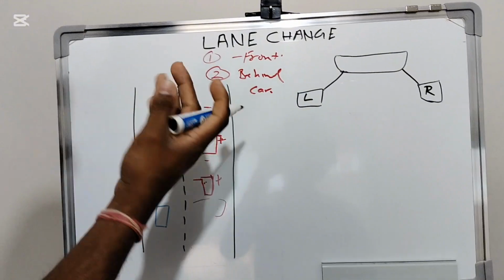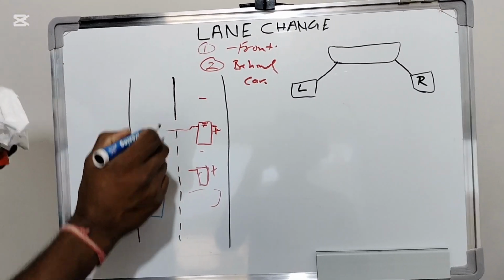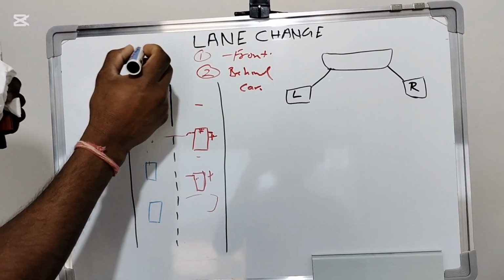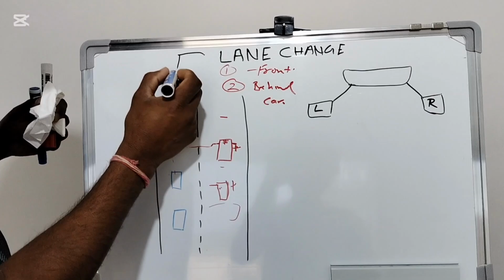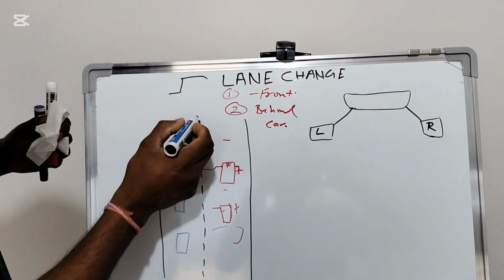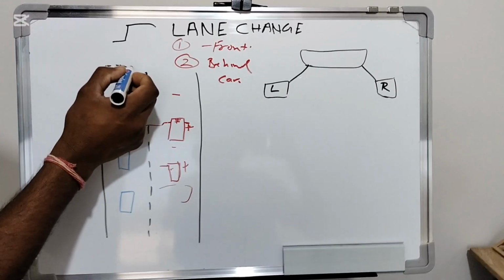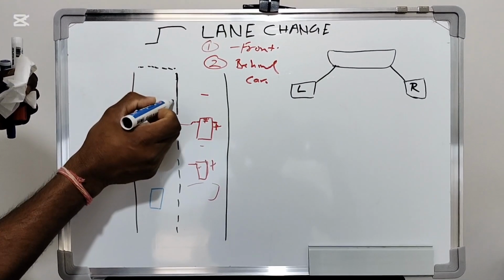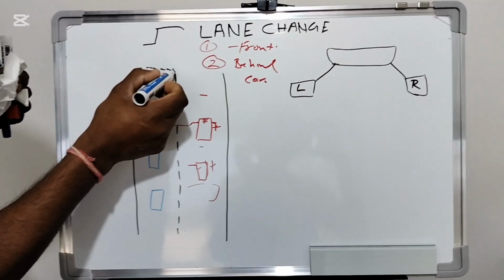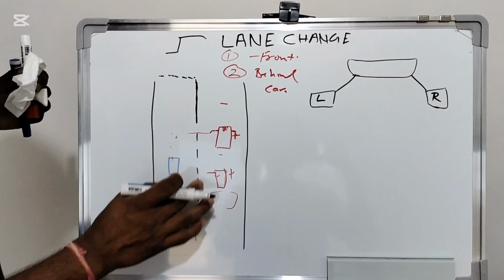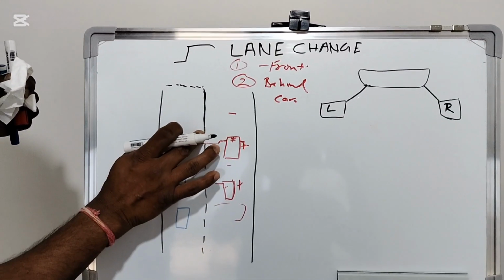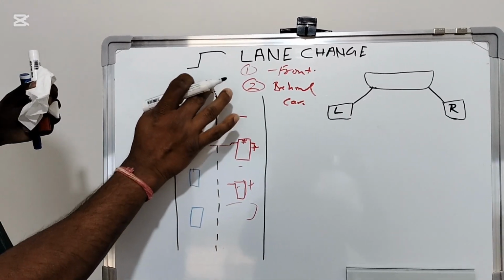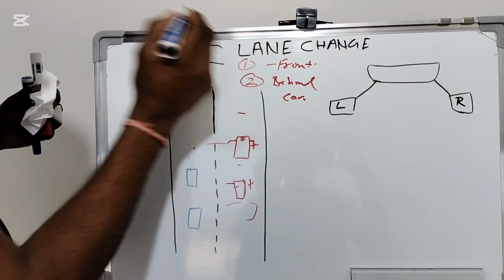So don't do lane changes on the solid line. Same before the traffic signal. If a traffic signal comes, around 75 meters before the traffic signals, you can see the solid line. So if you're not able to do the lane change before the solid line, keep going straight, then do the lane change after crossing the traffic signal.